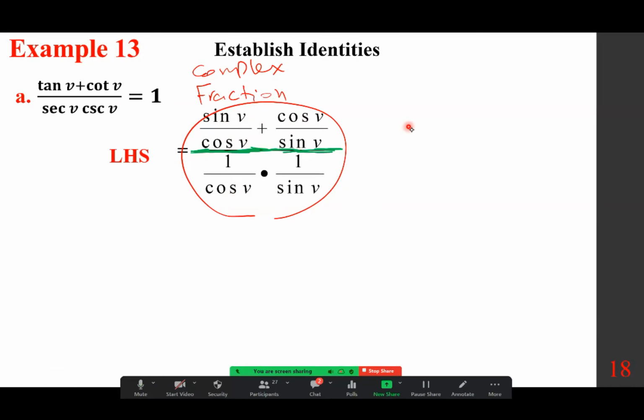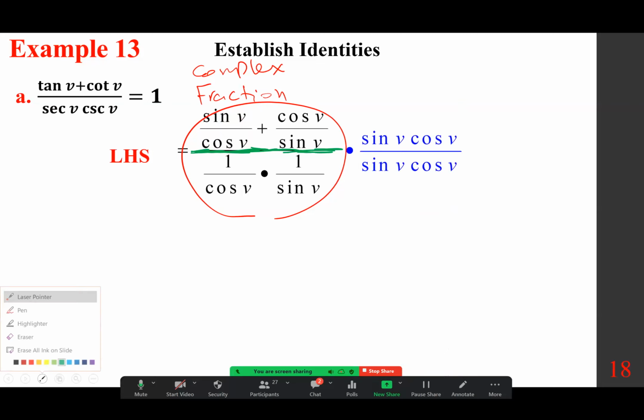So multiply the top by sine cosine, meaning sine V cosine V, and do the same thing for the bottom. This fraction is equal to 1, so it's acceptable. So if you multiply this by this, when you multiply it by this, cosine goes away. You get sine squared. When you multiply it by this one, sine goes away. You get plus cosine squared.